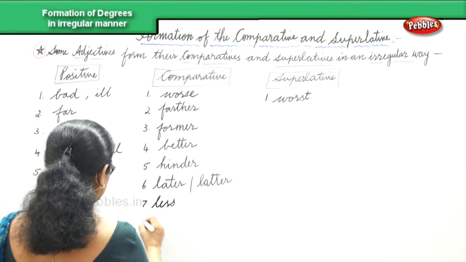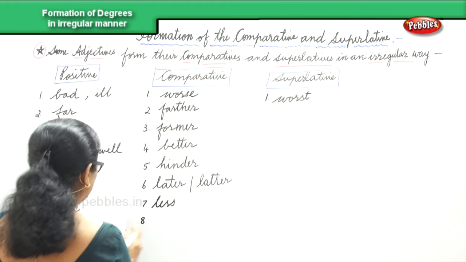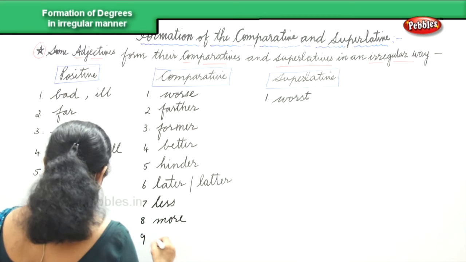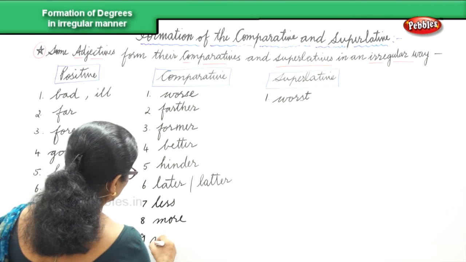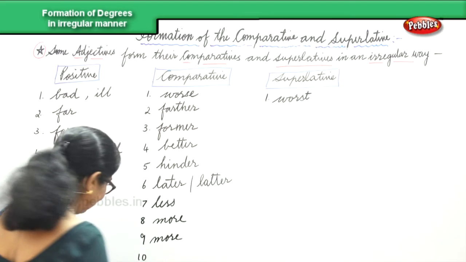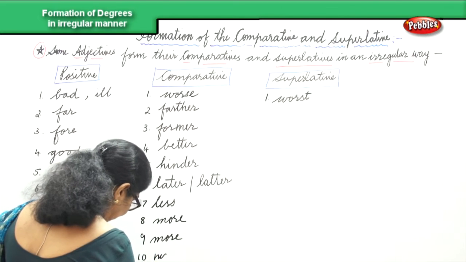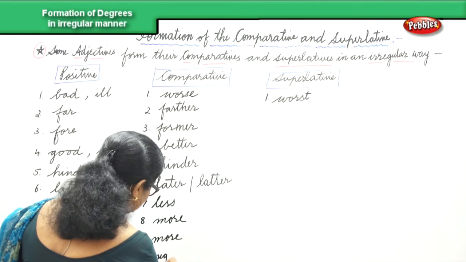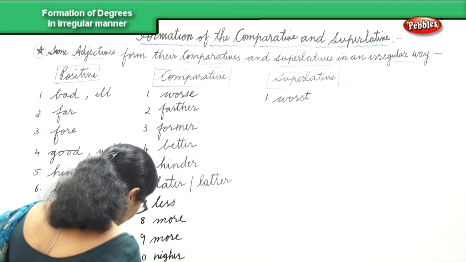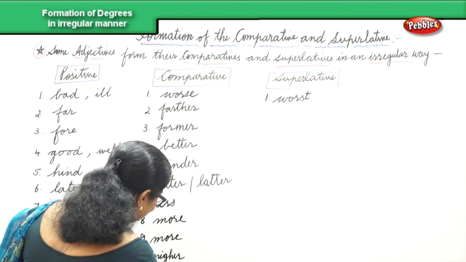Eighth one, many, more. Ninth one, much, again more. And the 10th one, nigh, nigher. And the last one, 11, old, older or elder.